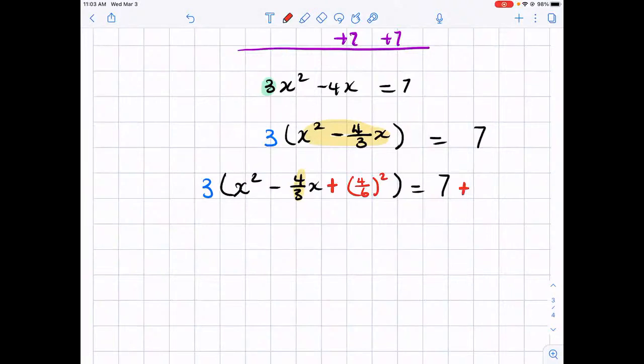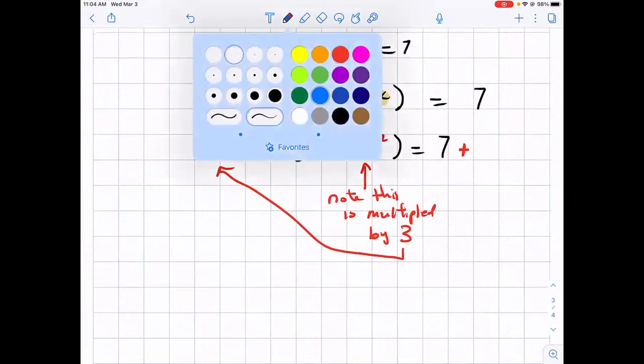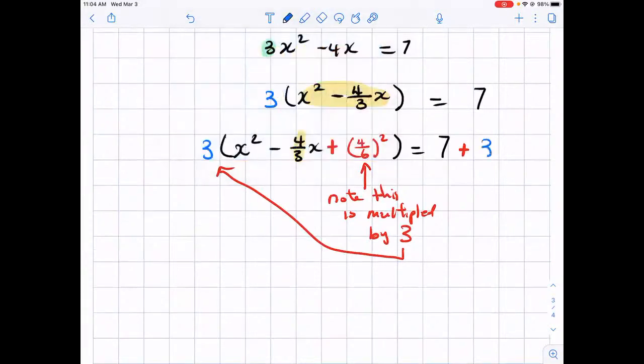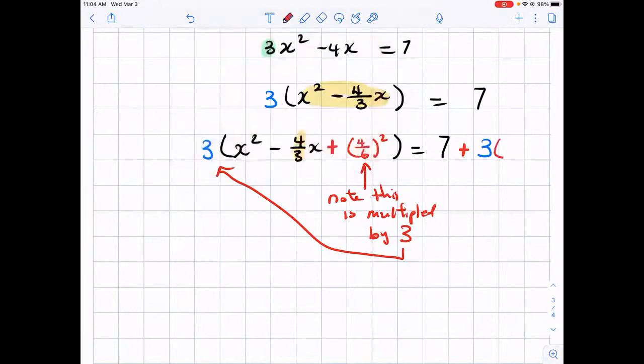But remember, whatever is in here is multiplied by 3. And that 3 is coming from here. That means on this side, you're going to have to multiply whatever you have in red by 3 also.